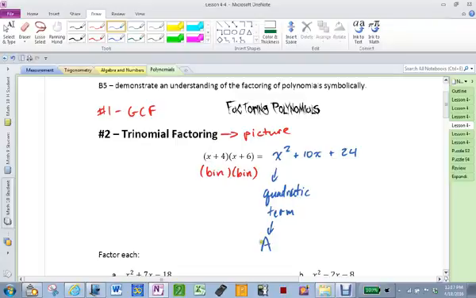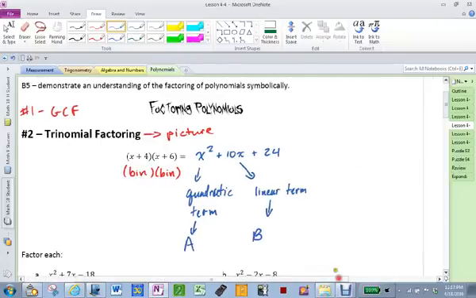Okay? This guy is called the linear term. Not incredibly important for grade 10, but we also call him B. Very important. And this third guy is the constant term. And we also call him C. Everybody cool?